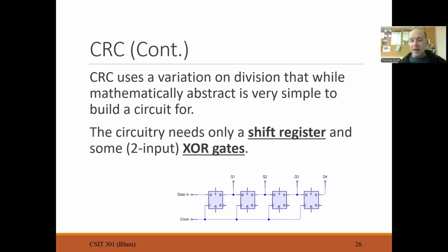But if we add in these exclusive ors, then it's changing ones and zeros. The exclusive or will change ones and zeros, hence it's doing some calculation on our data. That sets us up for an error detection scheme: do some operation, get an answer, have the receiver do the same, and see if you get the same answer.